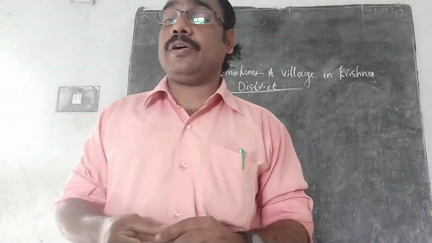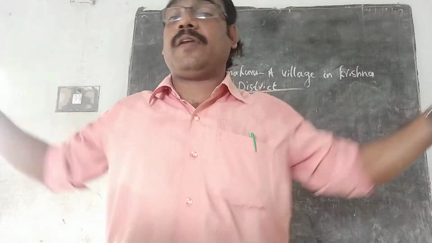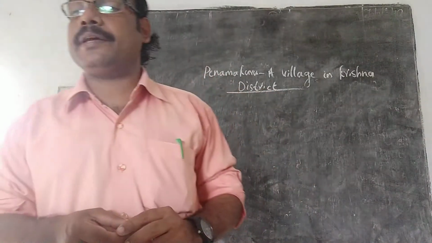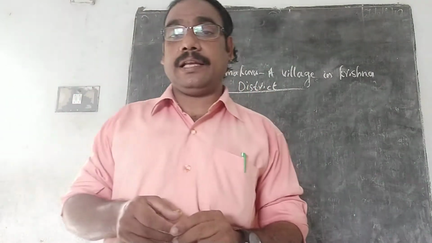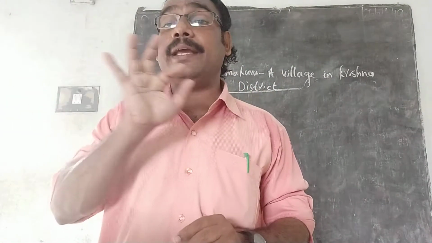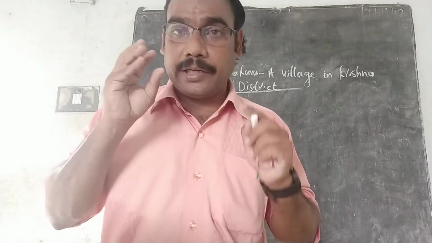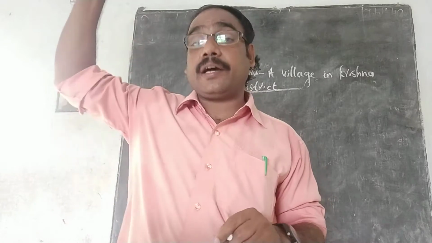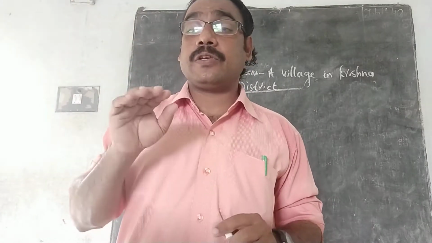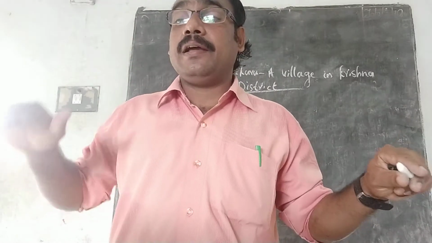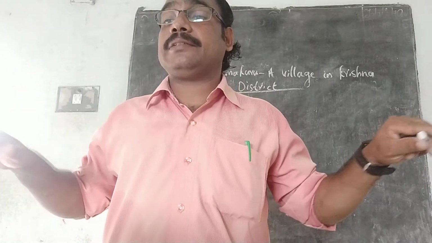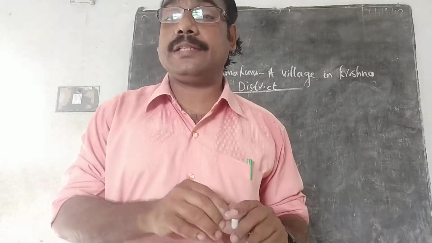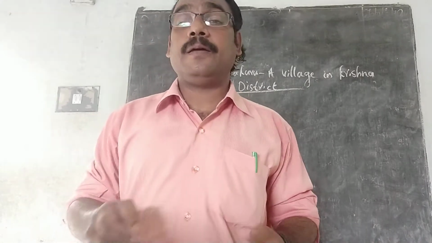Plain means large stretches of flat land, not higher than 200 meters from mean sea level. MSL, mean sea level, you might have studied in lower classes. Mean sea level is used to calculate the height of the land. So large stretches of flat land not higher than 200 meters from mean sea level is known as a plain.